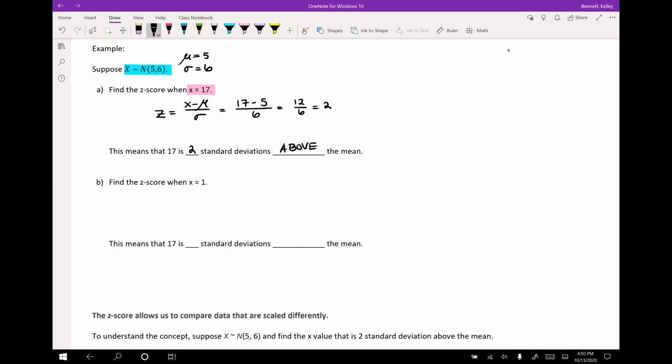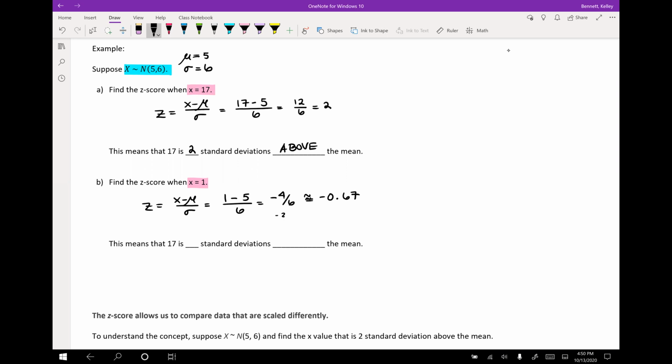All right, so let's do it again, but now we're going to use 1. So again, we've got Z equals X minus mu over sigma. X is 1, mu is 5, sigma is 6. So we've got negative 4 over 6, which is approximately negative 0.67, right?